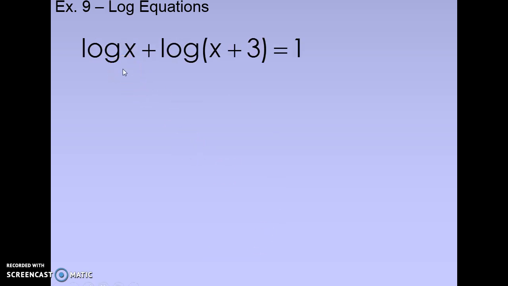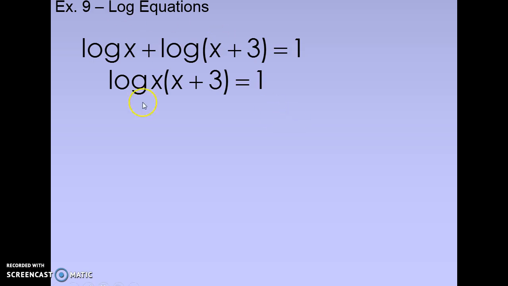Next: log of x plus log of x plus 3 equals 1. Remember, when we're condensing logs, we have to condense them first because of this addition sign right here. We'll be using the product property, so we make these two logs products.